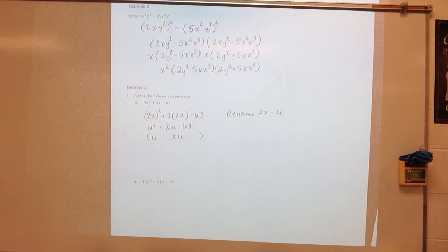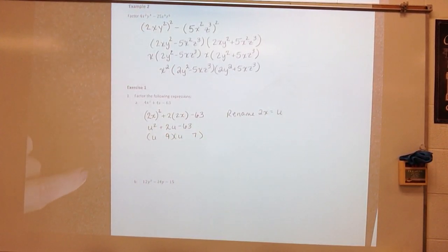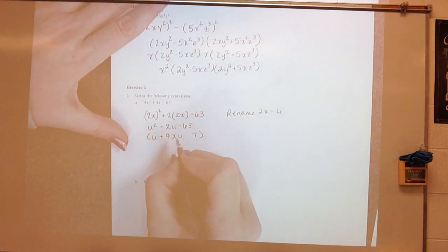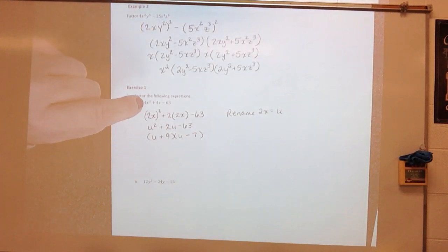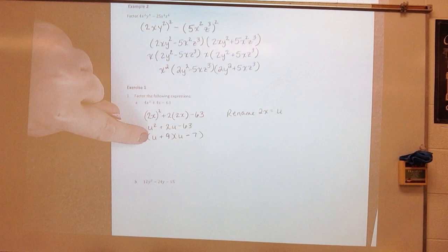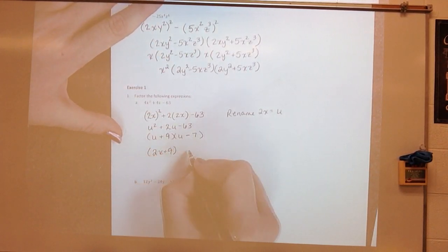Well, 9 times 7 is 63. So 9 times 7. 9 minus 7 is 2. And because this is a plus, I want my biggest number to be plus. Alright, so now replace your u with 2x, and I get 2x plus 9 and 2x minus 7.